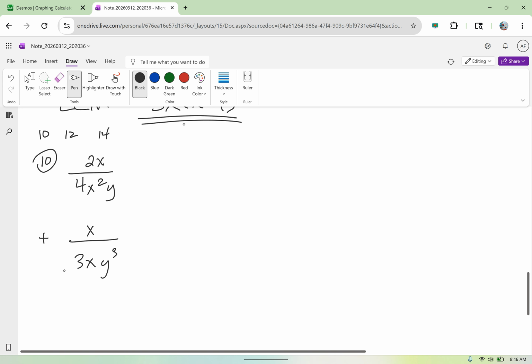So I'm adding fractions. I really want a visible cursor, guys. Why can't I have a visible cursor? I need this denominator to equal this denominator.